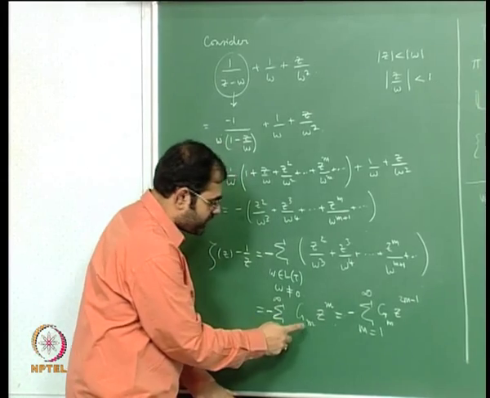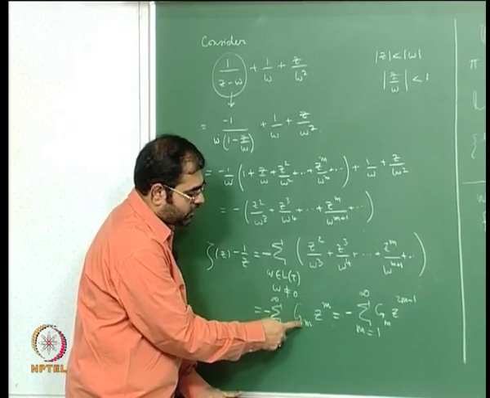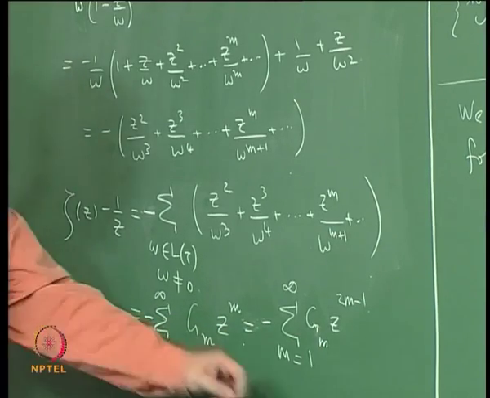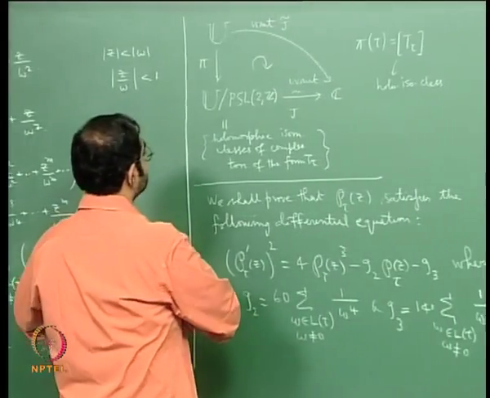So you see here I am switching from writing all the terms to only the odd terms. What is this g sub m?